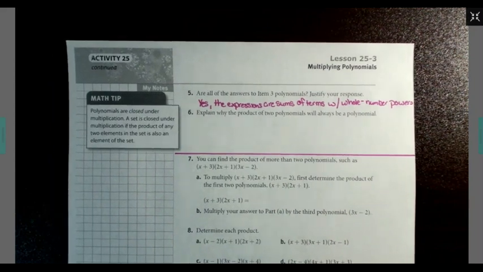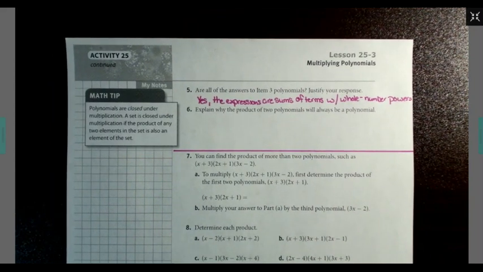Okay, let's take a look at number 6. Explain why the product of two polynomials will always be a polynomial.